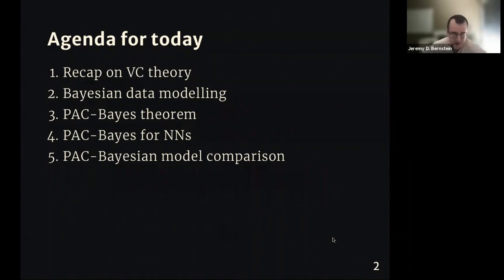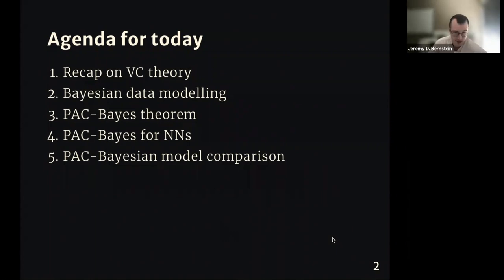Then I'm going to show you 3 different ways of working out this theory for neural networks. And then at the end, we're going to speak briefly about how this can be used to compare, you know, you've got 2 different neural network architectures, and you want to know which one's better without training them. Is there a way to do that?